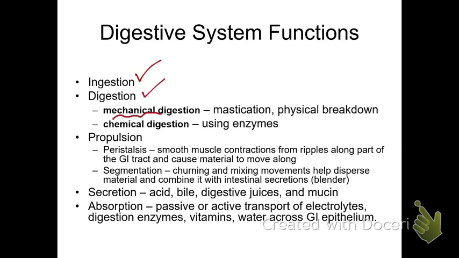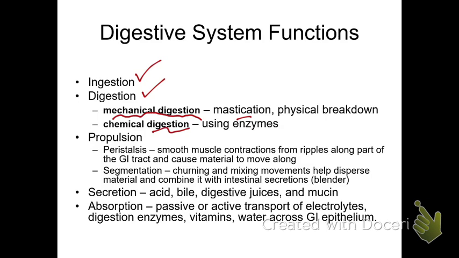Mechanical digestion is what happens with mastication, with chewing, with the physical breakdown of the food by the teeth and the rolling around of the stomach. And then there's also chemical digestion, whereby enzymes are released. These enzymes start being released by the salivary glands in the oral cavity. Additional enzymes and acid are released in the stomach, and then there are additional enzymatic reactions along the intestines.